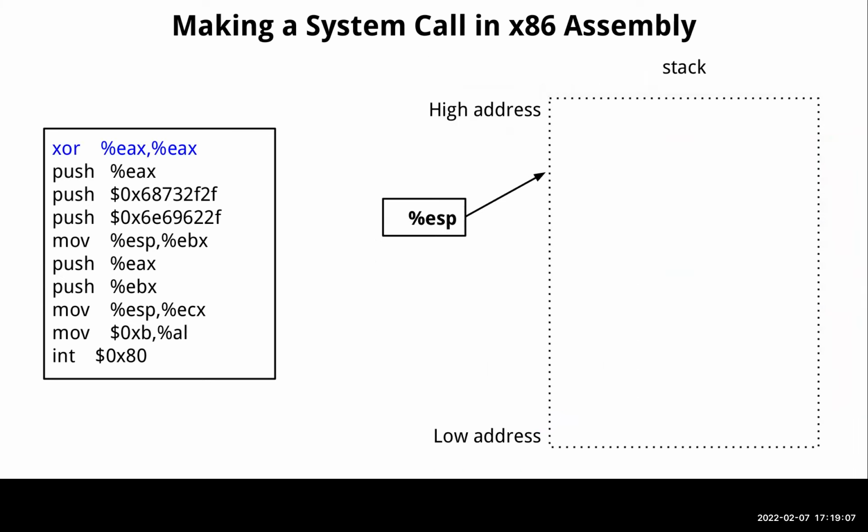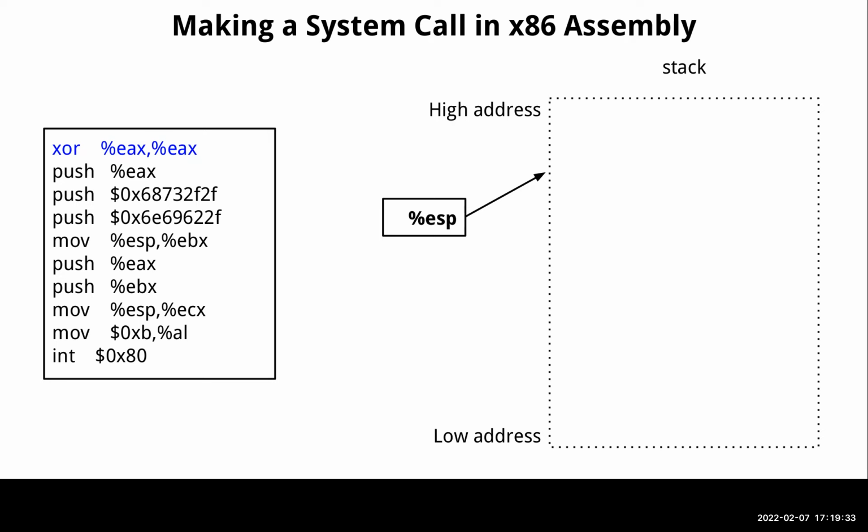The first instruction is exclusive OR on EAX itself. So when you exclusive OR something with itself, obviously the result will be 0, right? So what this instruction does is clear register EAX. After this instruction, the EAX value will be just 0.